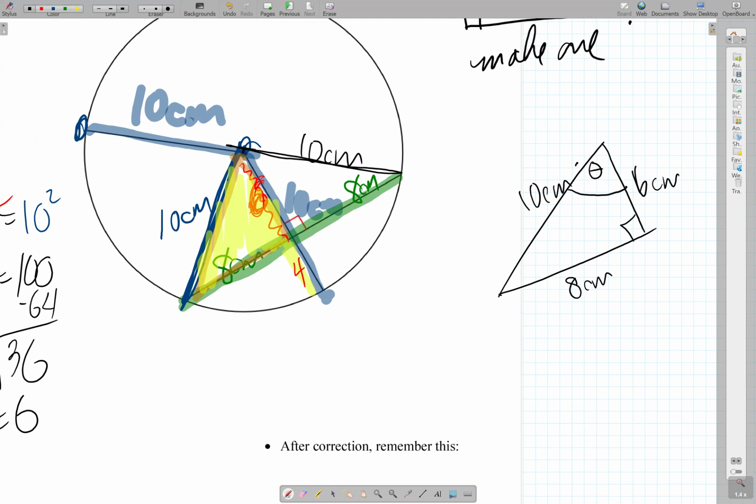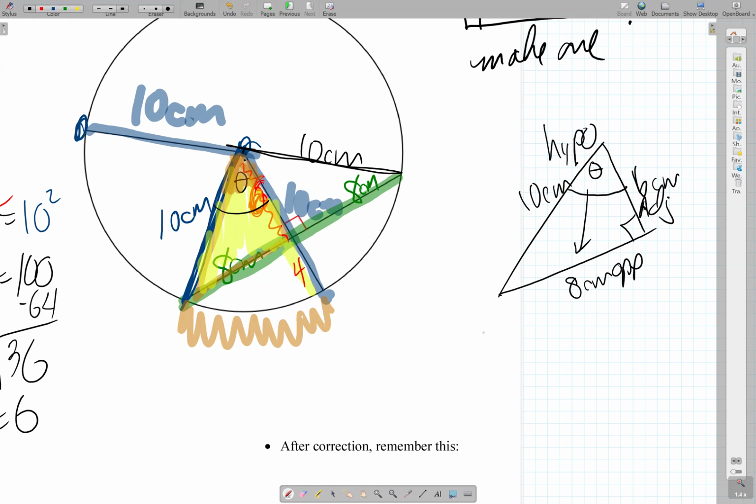We use SOHCAHTOA to find sides and inverse SOHCAHTOA to find angles. So I'm going to label my theta right here, and there's a reason why I put it there: it's a central angle, and the measure of a central angle to its arc is the same. This is opposite, this is the adjacent, and this is the hypotenuse. Notice I have my opposite, my adjacent, and my hypotenuse.